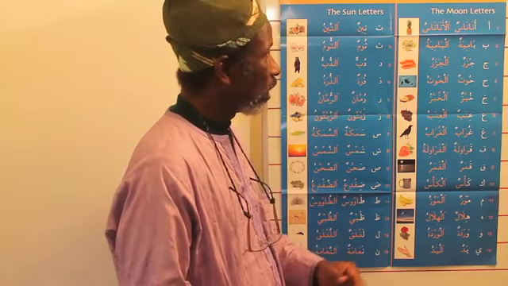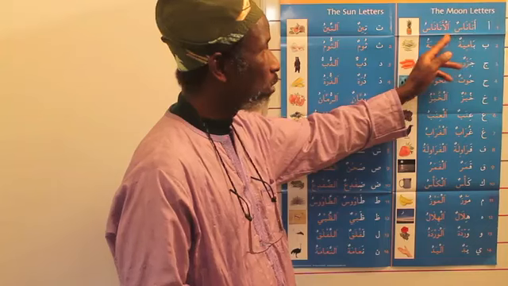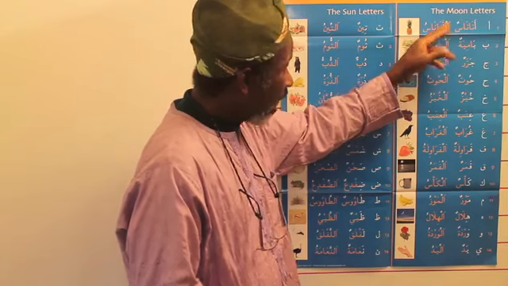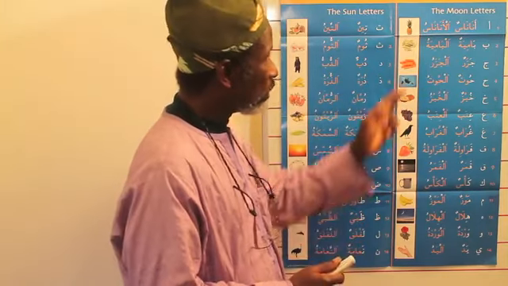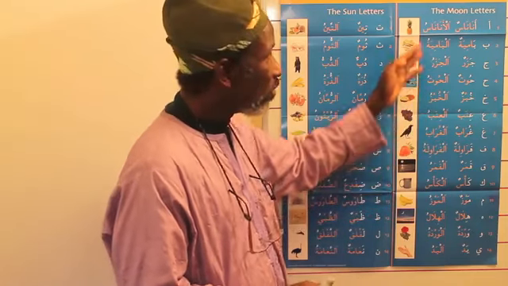As I've already explained earlier, ananasun, for instance, is pineapple. Now, this al is the article the. Once you attach the article the with one of the moon letters, you retain the L as it is.